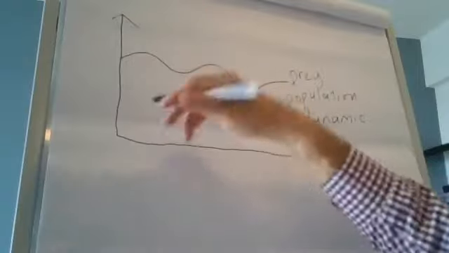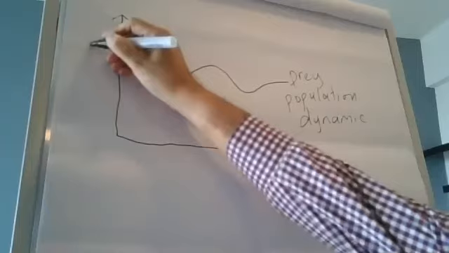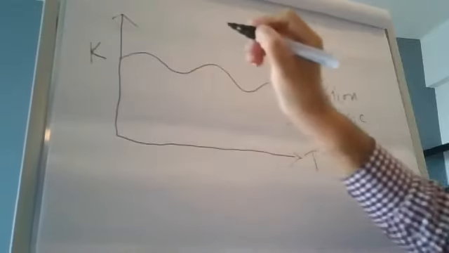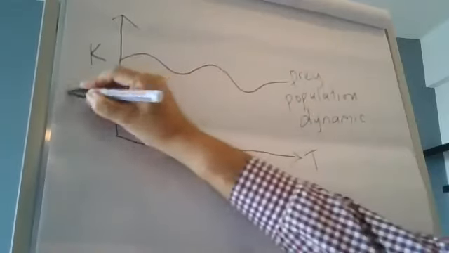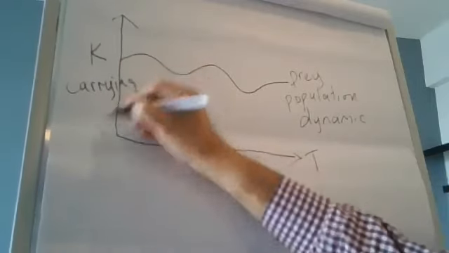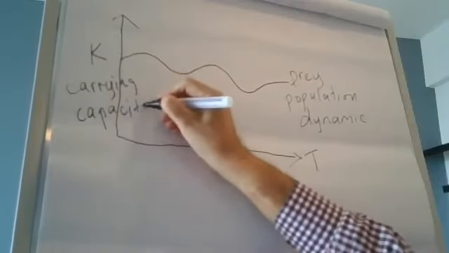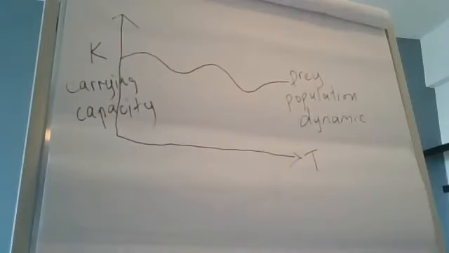And this is, we have learned, I'm not sure whether I have explained to you, the concept of K. Okay, K is basically the carrying capacity. What does carrying capacity mean? It means the maximum population size of a particular species that the environment can sustain.